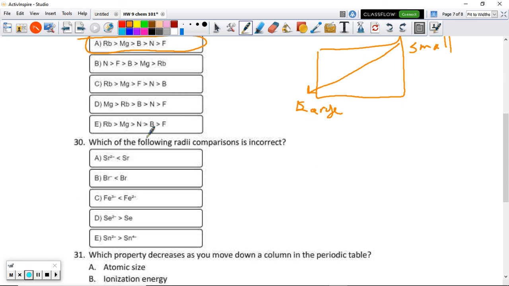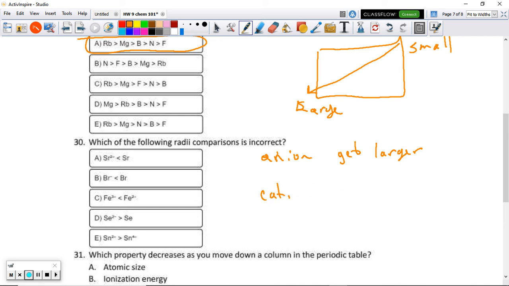All right, so when we're comparing ions, remember that if it's a negative ion, so an anion, it gets larger, because we're adding electrons and it creates a wobble.